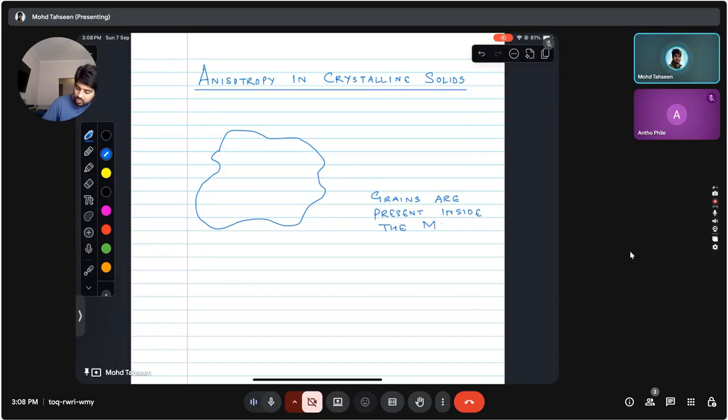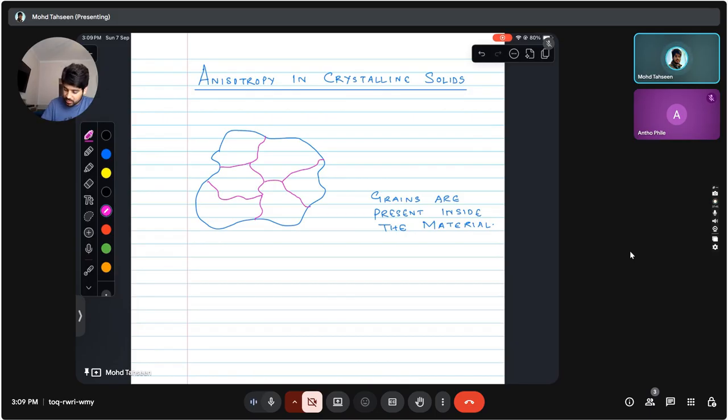We can see them through a microscope, not through the naked eyes. So the grains would be something like this. This would be the grain structure.